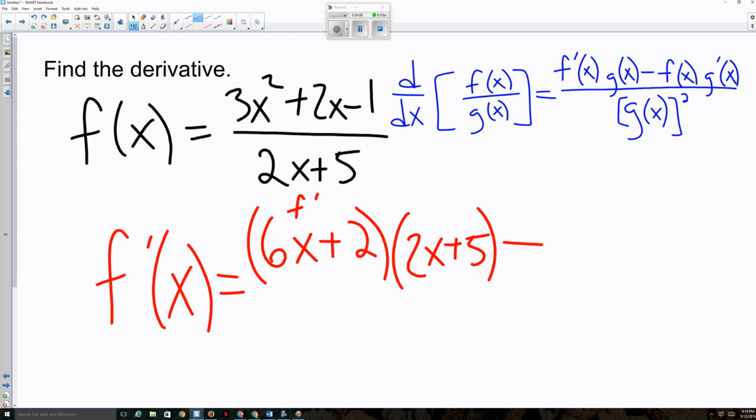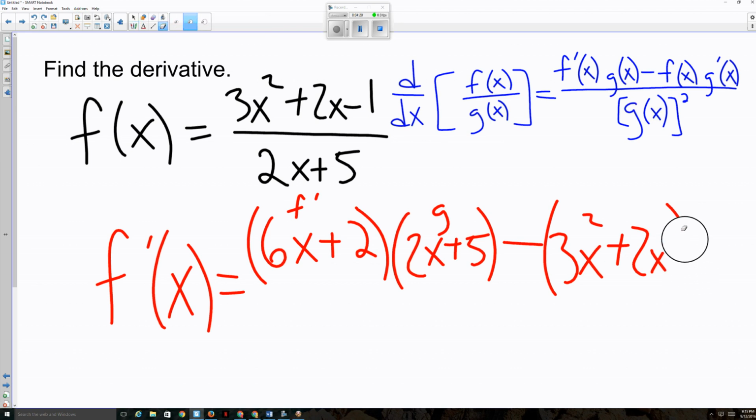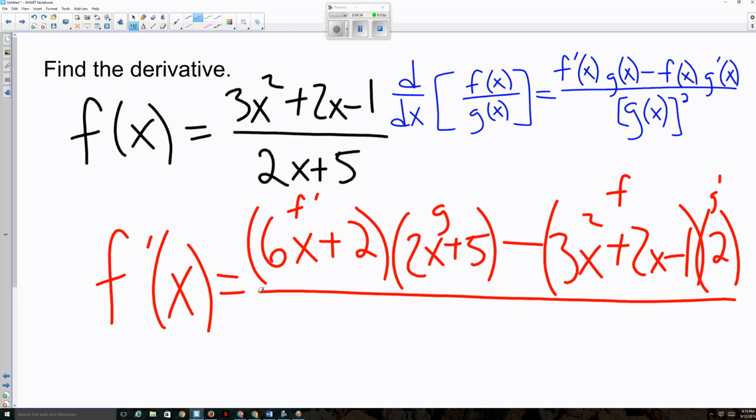This is f prime g minus f of x is 3x squared plus 2x minus 1. So that's f. And then g prime is 2. And we're going to put all of that over 2x plus 5 quantity squared.